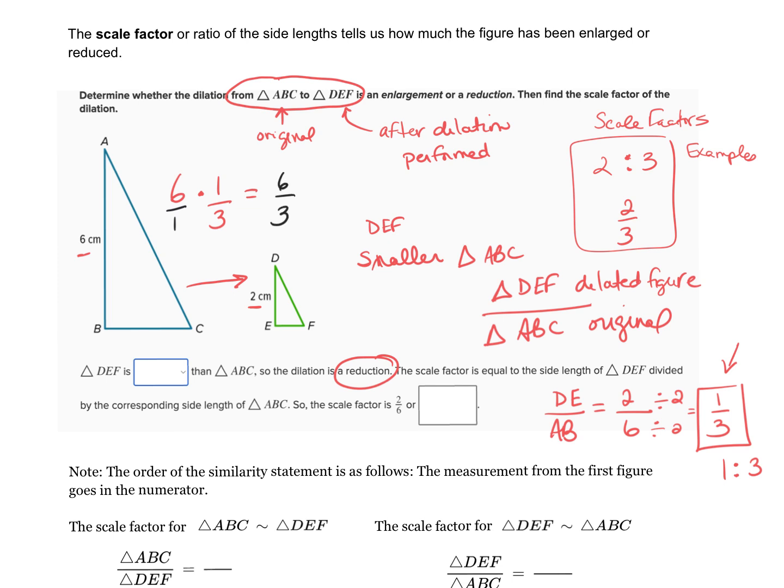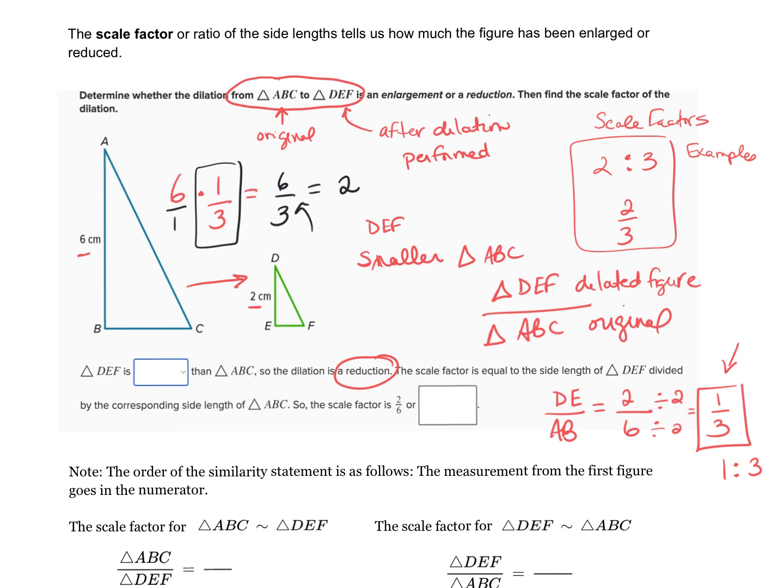What I get is 6/3, and 6 divided by 3 is 2. So even though I'm technically multiplying by a fraction, when we simplify, we do actually divide.